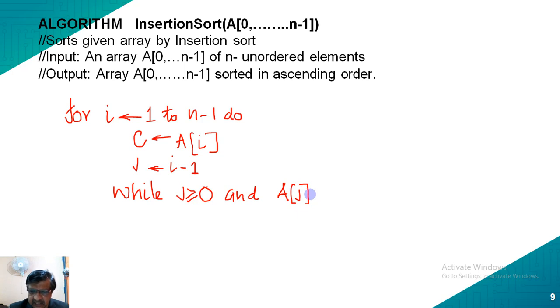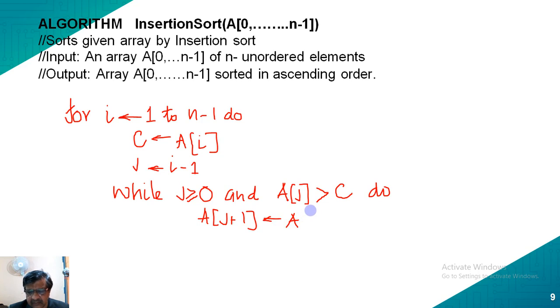The previous element is in j. So if A of j is greater than whatever the C container contains, do. If this is true and this is also true, j has not reached its extremity and A of j is greater than C, then what you have to do is literally shift: A of j plus 1 is equal to A of j.